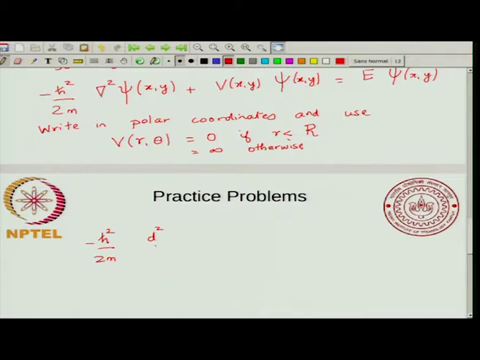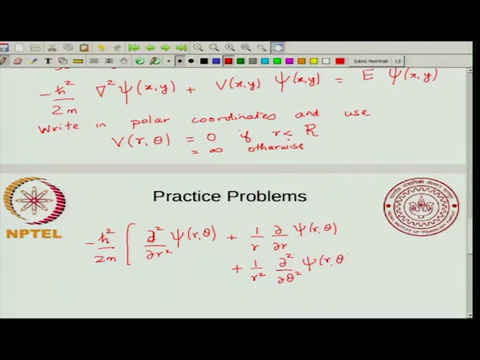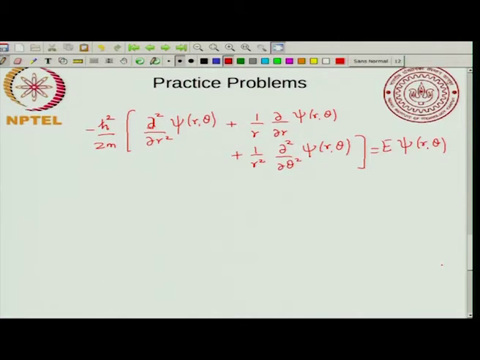So, we have dou square by dou r square of psi, now psi is a function of r theta, okay, plus 1 by r dou by dou r of psi of r theta plus 1 by r square dou square by dou theta square psi of r theta is equal to E times psi of r theta. Okay, so, this is the Schrodinger equation that you have, okay.